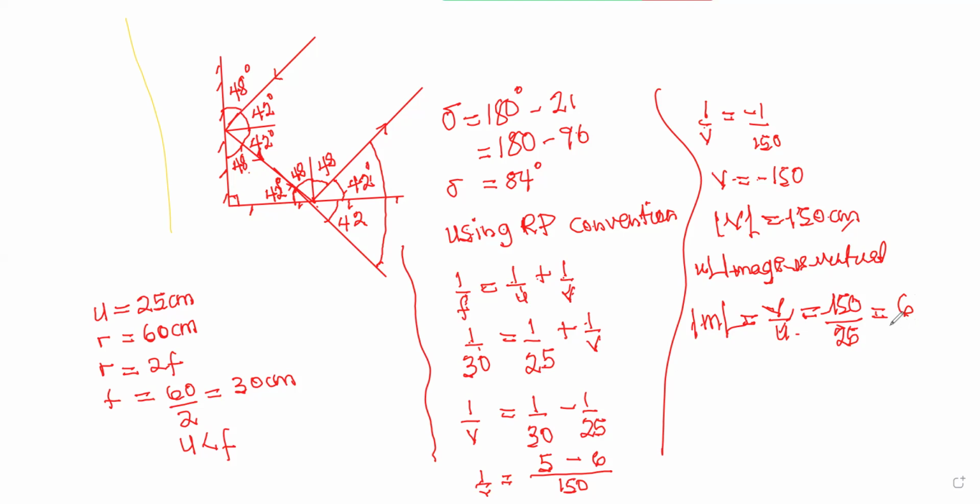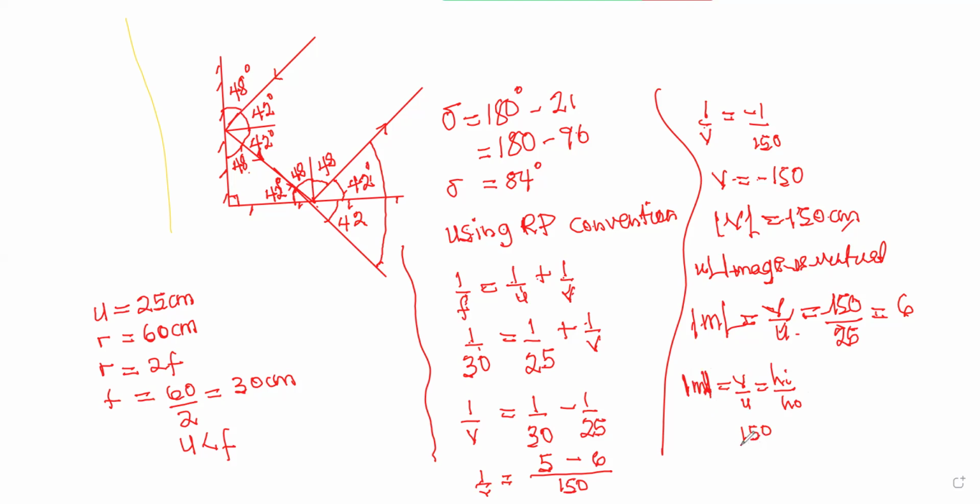The height of the image, if the object is 30 centimeters in height. So the magnitude of magnification, the linear magnification M, is V over U, equal to HI on HO. V is 150. Please, not negative 150. No, the magnitude. That's why I have this symbol here. So we are using numerical value.